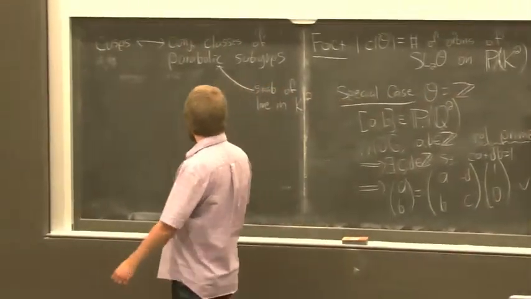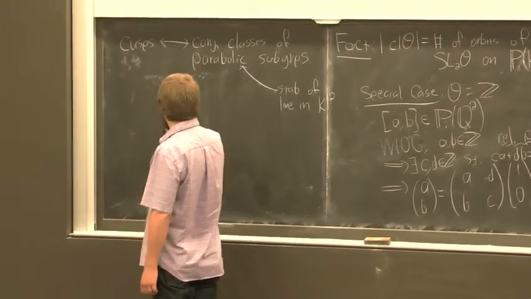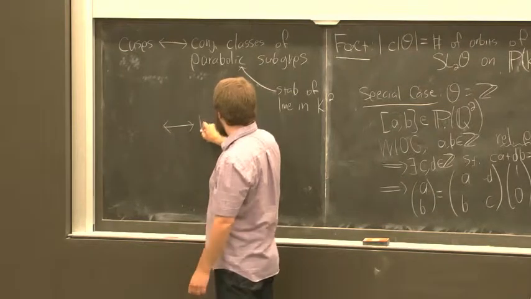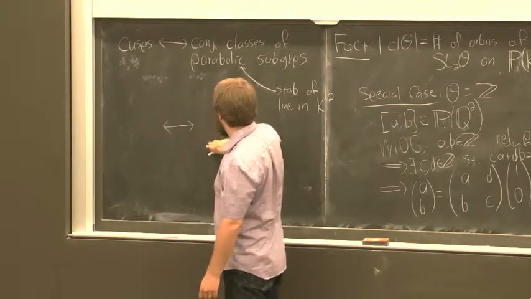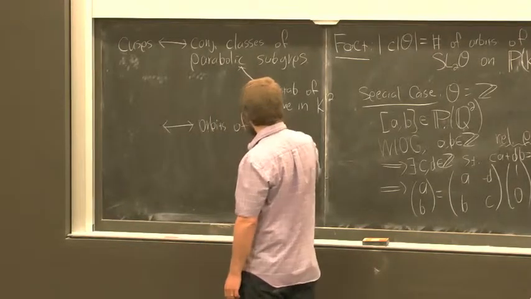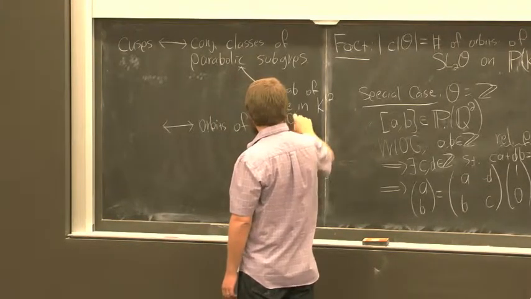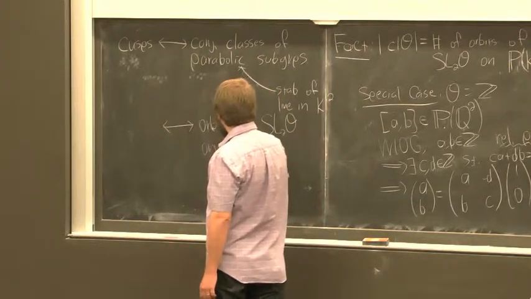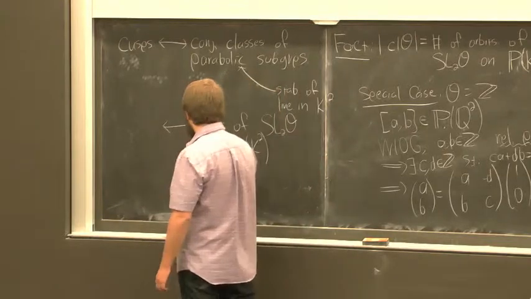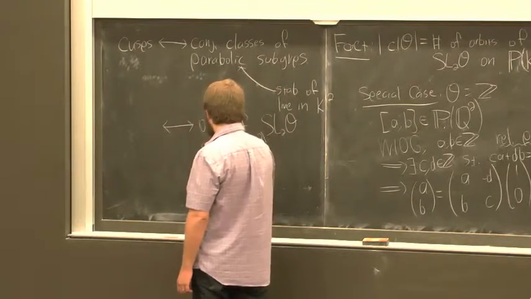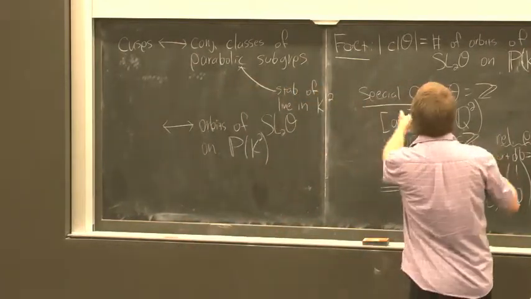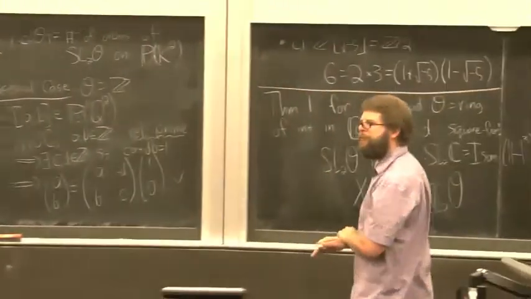Okay, so therefore this right here is the same thing by this fact, stated right there. This is the number of orbits of the action of SL2(O) on the projectivization of k squared, and the number of such orbits is equal to the class number.